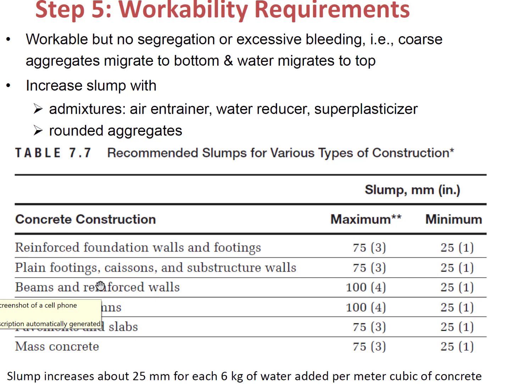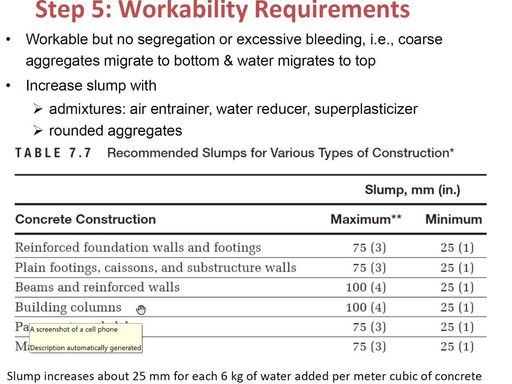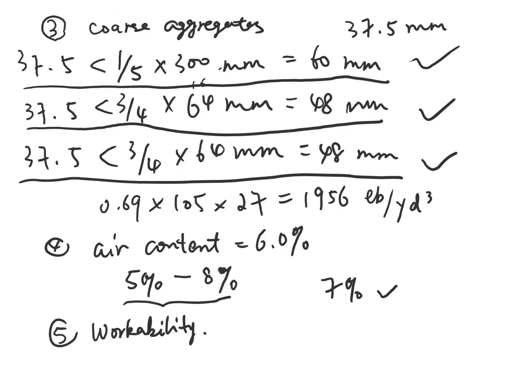So we are going to build bridge pier, which belongs to the building columns. So the slump should be somewhere between 1 inch to 4 inch. So the range is 1 inch to 4 inch. And in the textbook, it decided to use 3 inch as the workability value.